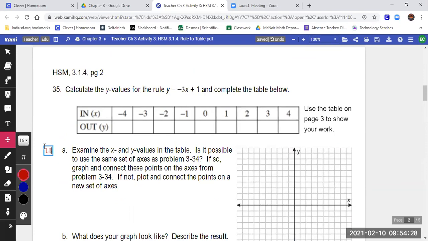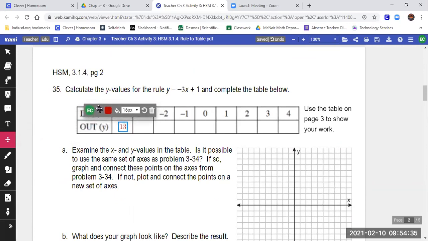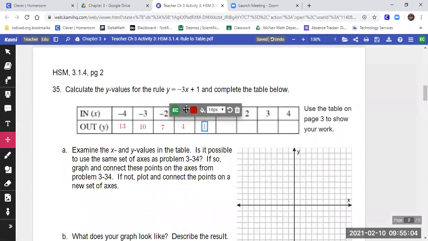We start at 13. That was our first one. And we keep subtracting 3 to fill in the table. So 10, 7, okay, so we're just subtracting 3 over and over because that's what we figured out was happening. So I'm not recalculating anything.